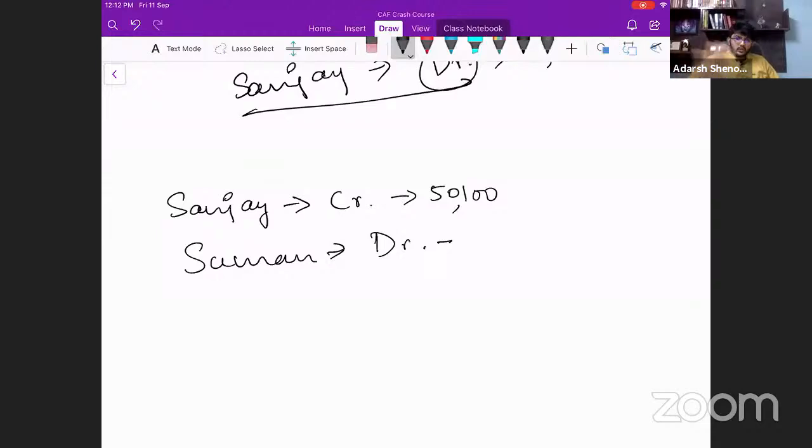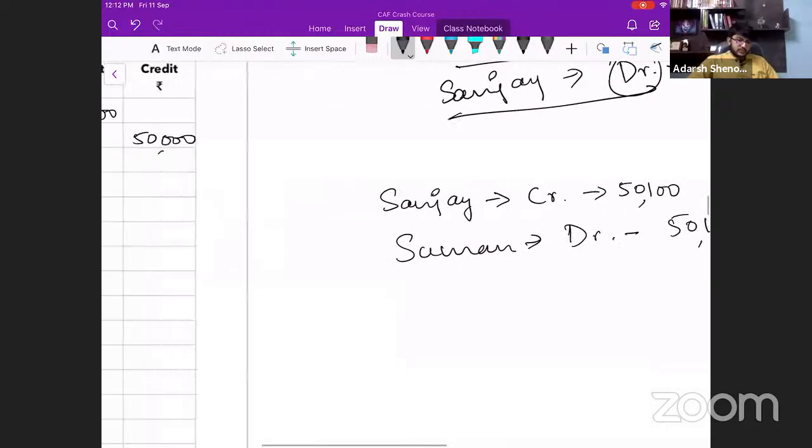I'm going to recover 50,100. That 100 rupees is not my expense, not Sanjay's expense. Whose expense is that? The person who defaulted, the person who made the mistake. Suman made the mistake of dishonoring the bill, so it must be Suman's expense.